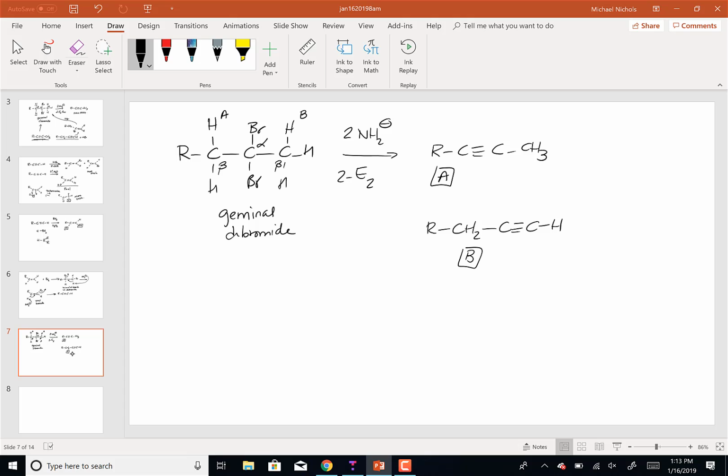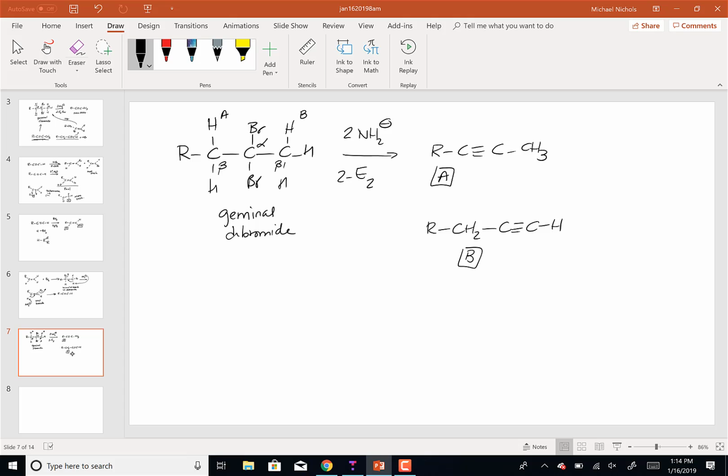So in this case, let me ask you, which of those two products do you think is going to be the major product? A? Anybody want to go for B? No? Why A?